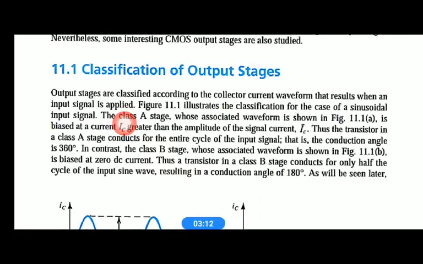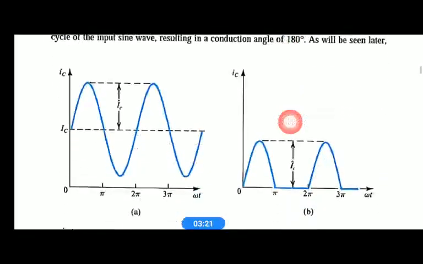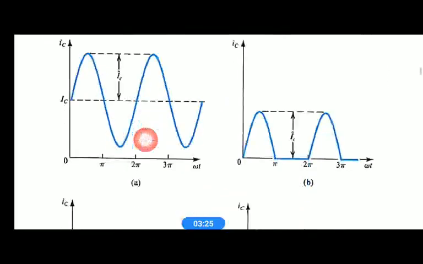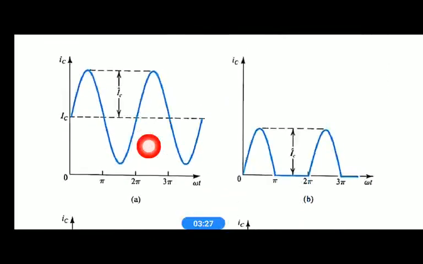The class A power amplifier, which you can see in figure 11.1A, gives a complete 360-degree output corresponding to its input, almost all of what you applied at the input.